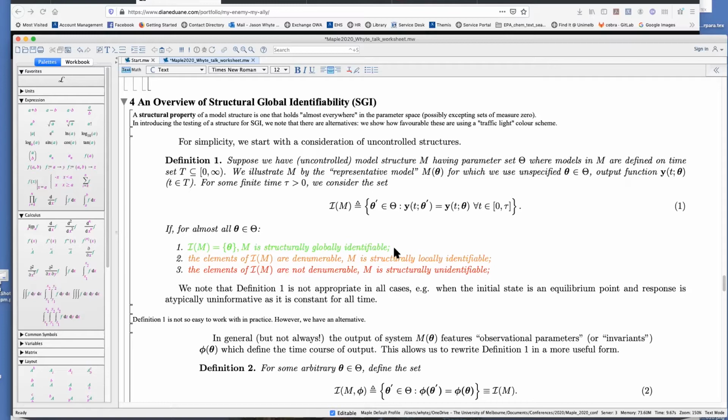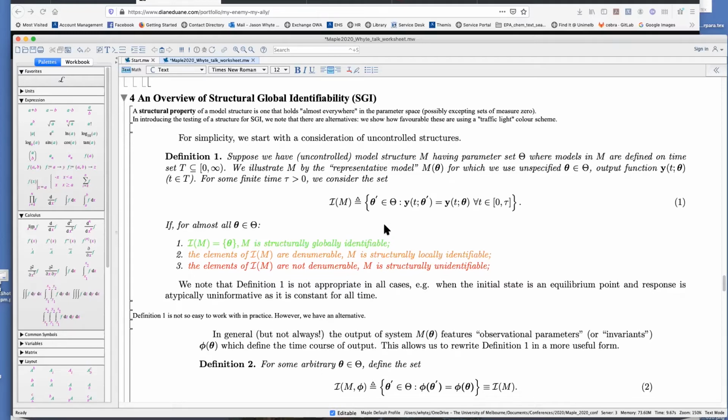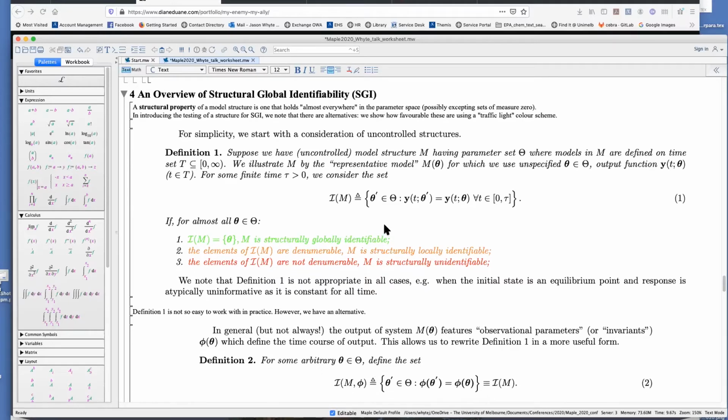If you can get exactly one solution out of that, theta is exactly theta prime, then you don't need to discriminate between alternatives, and you can have some confidence that you're not wasting your time collecting the data. You won't do as well once you look at a noisy, limited record of data, but at least you have a lower bound on the number of solutions you can expect to obtain.